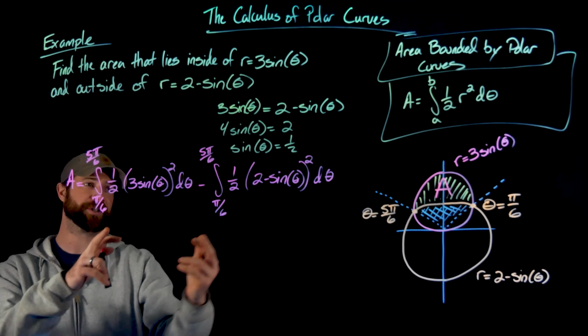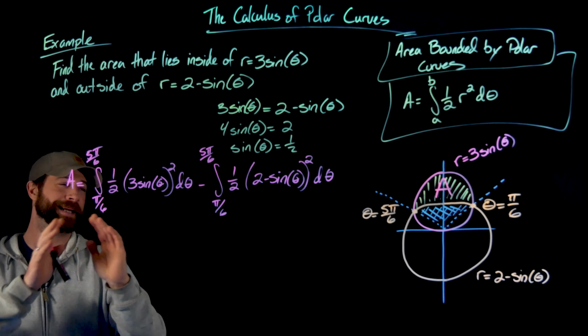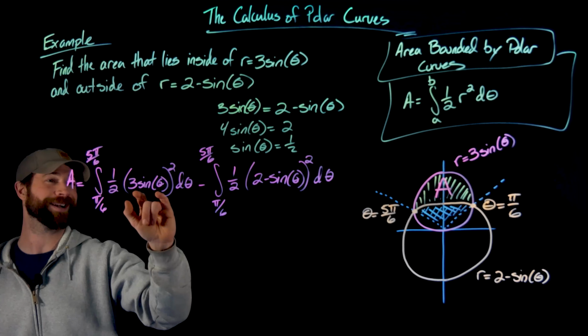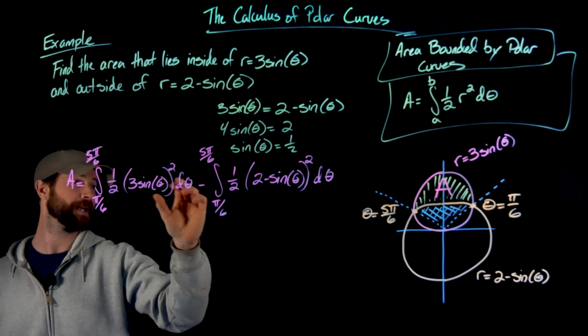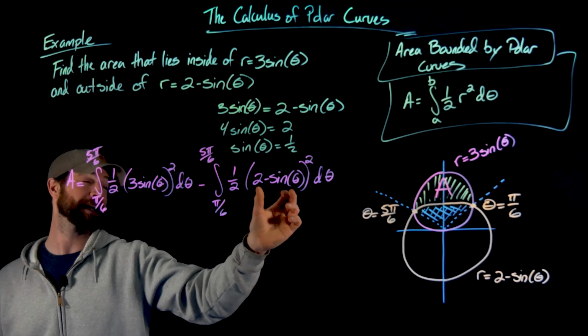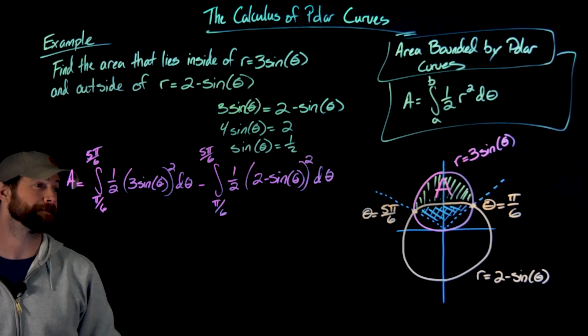I'm going to factor out the 1/2. And just to save me a little bit of board space and time, I'm also going to square this term, so apply that exponent there, and then FOIL out, multiplying that out.